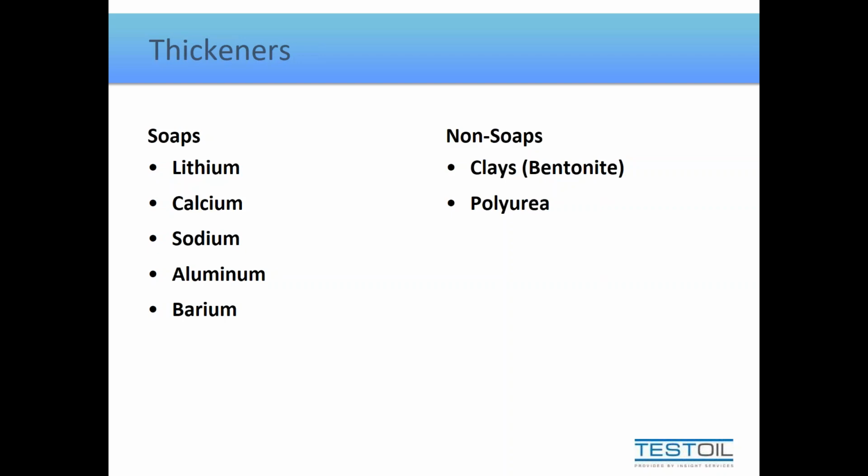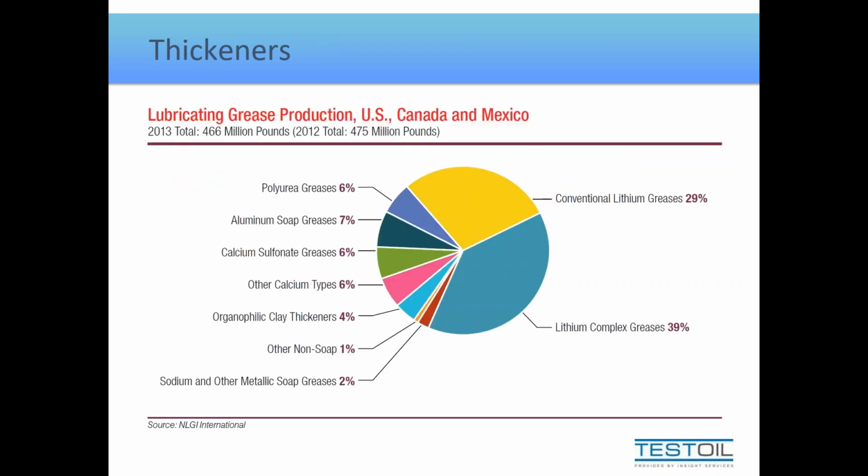Now in our world here in North America, the non-soaps are not terribly popular. This chart here from NLGI outlines the most common greases, clearly are lithium-based greases, occupying about two thirds of the North American production.